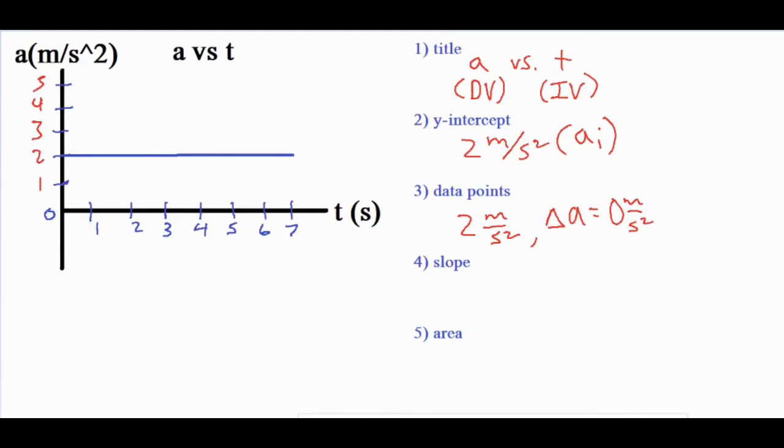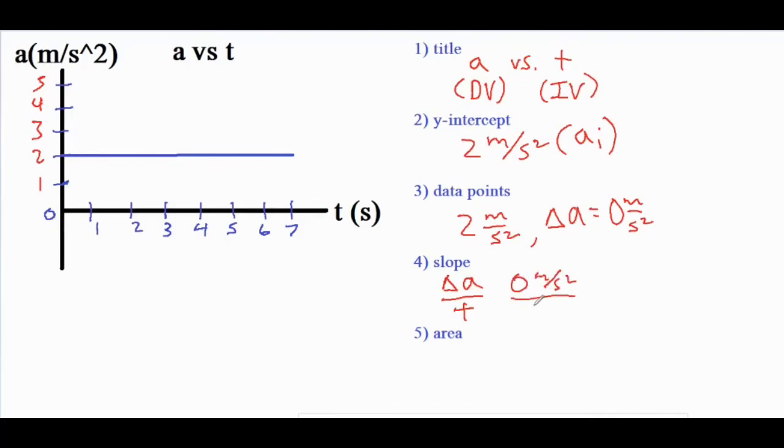Number 4, if you were to find the slope, it is the change in acceleration per time, which is known as jerk. So it is the rate at which you are increasing or decreasing your acceleration. Okay, so for this one, it doesn't have any change in acceleration.